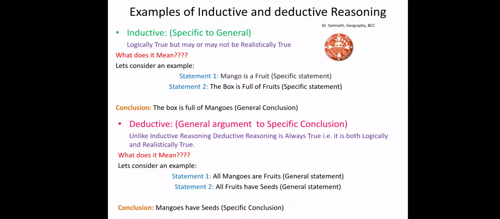So in this case, the conclusion based on statements 1 and 2 is logically true, but realistically it may be true, may be false also, as the fruit basket may include other fruits apart from mangoes. So it may not become definitely true.